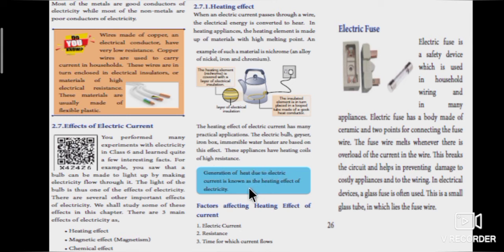Electric current, resistance and the time for which current flows are the factors affecting the heating effect of electric current. And then we discussed the electric fuse. An electric fuse is a safety device which is used in household wiring and in many appliances.